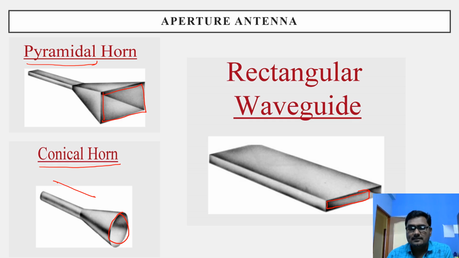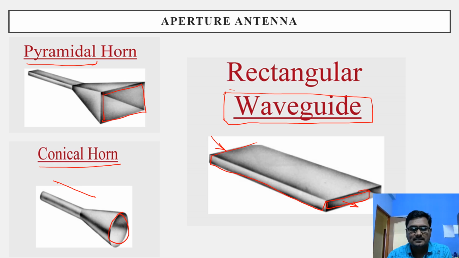Look at this, a rectangular waveguide. For the time being, don't think about what a waveguide is. When we start studying microwave, in the second or maybe third chapter, then you will come to know what a waveguide is. But for the time being, it is a rectangle structure, so that's why it is a rectangular waveguide. You feed a signal from here and you will get a transmitted signal here.